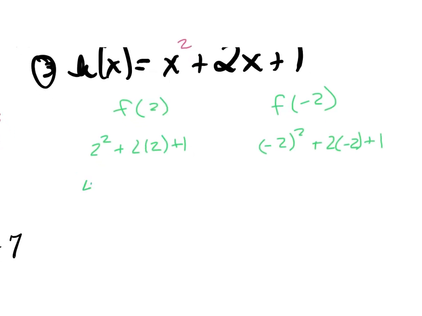So 2 squared would be 4, plus 2 times 2 is 4, plus 1. This would give us 9. And then we have negative 2 squared, which is 4. 2 times negative 2 would be negative 4, plus 1, so this would be 1. So we get different answers. Is this even, odd, or neither? Neither.